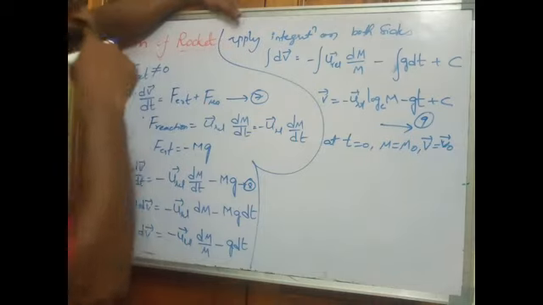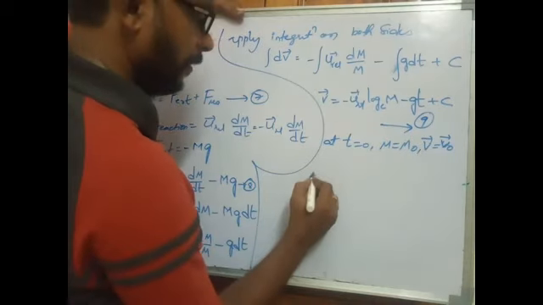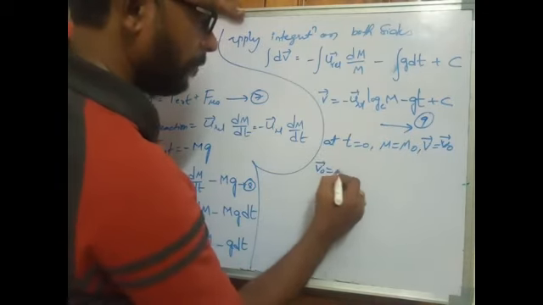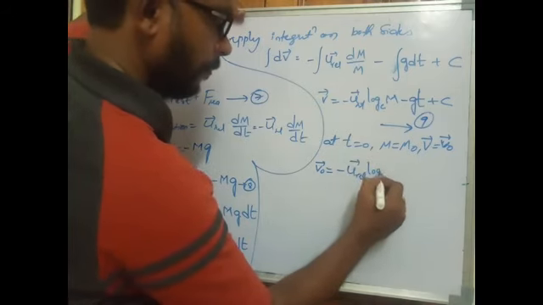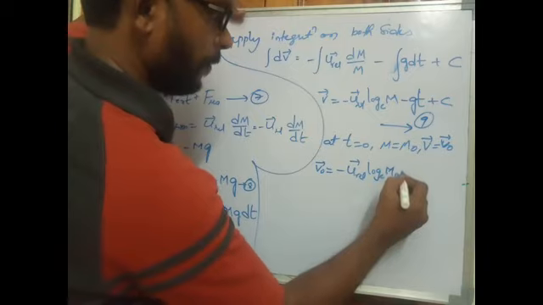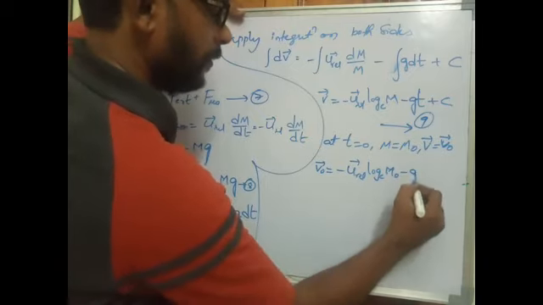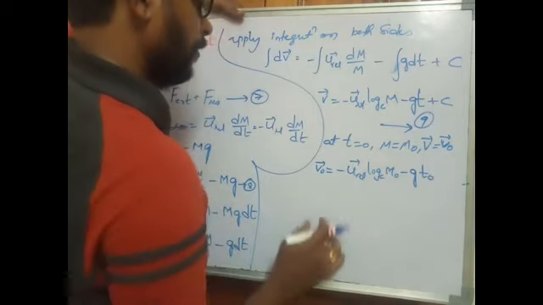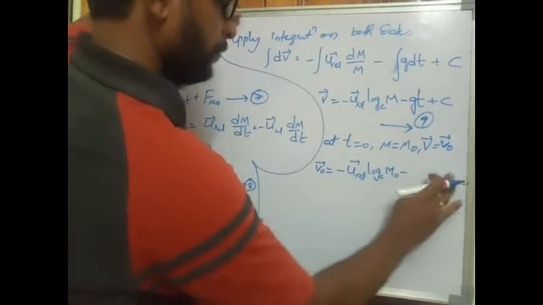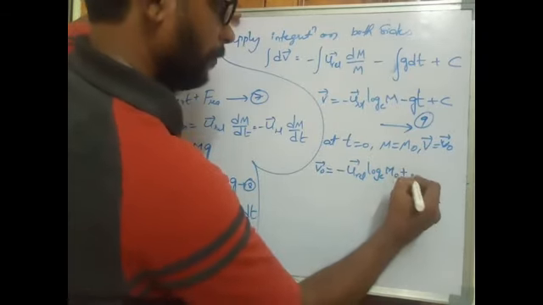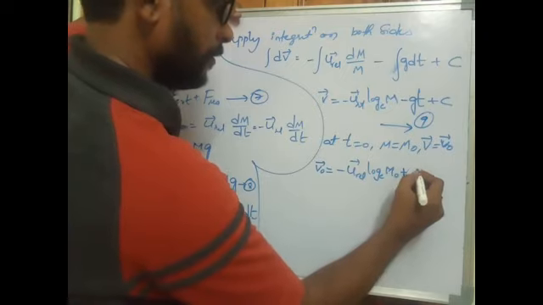Substituting in that equation, we get v naught bar equals relative velocity into log e m naught, minus g times 0, which becomes 0, plus c.